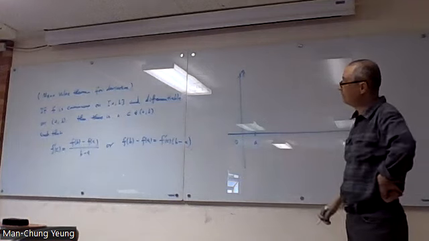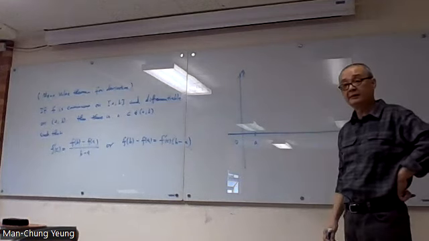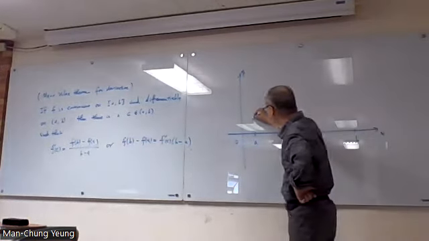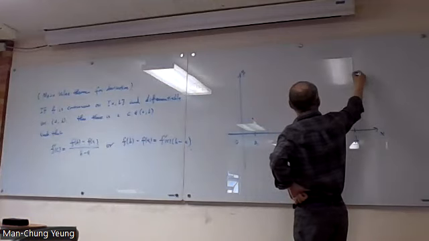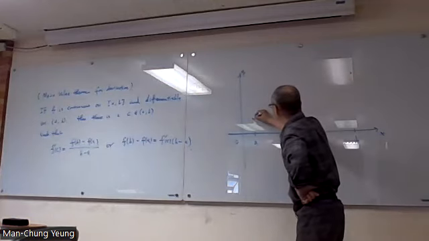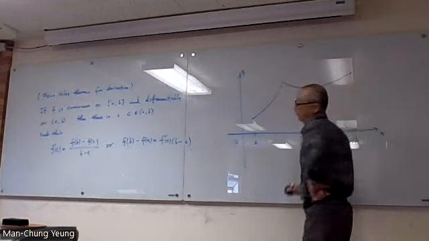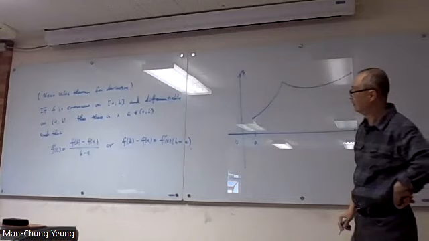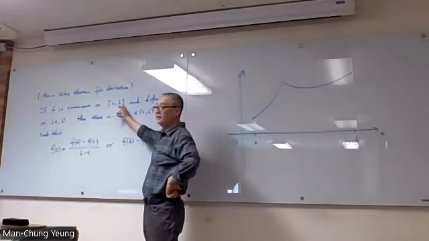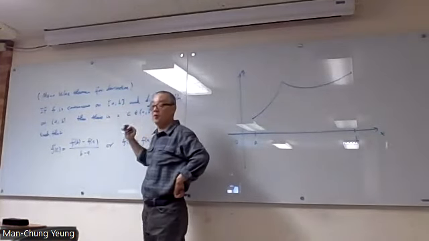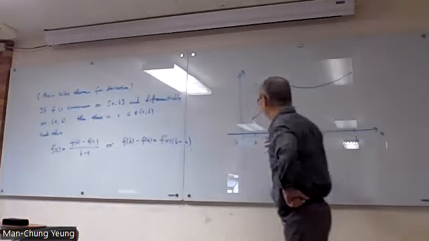The function f is continuous. The function is continuous and differentiable between A and B.